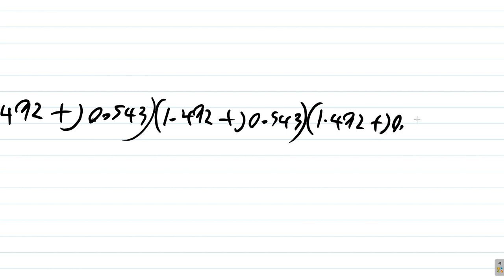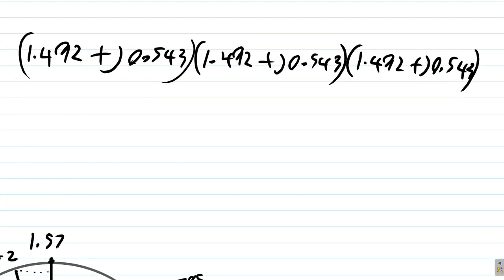I'm going to ask you to try them as homework, but I'll use my calculator off the air. I cube this one: 1.492 times 1.492 equals 2.226.